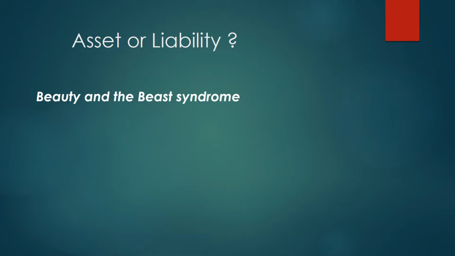And now I'd like for you to stop a moment and consider the asset liability debate that is prominent in the literature around generalized joint hypermobility and dance, and also consider Rodney Graham's Beauty and Beast syndrome. What I would like to propose is that actually dance is an asset for generalized joint hypermobility and can be the beauty that tames the beast of the syndrome.